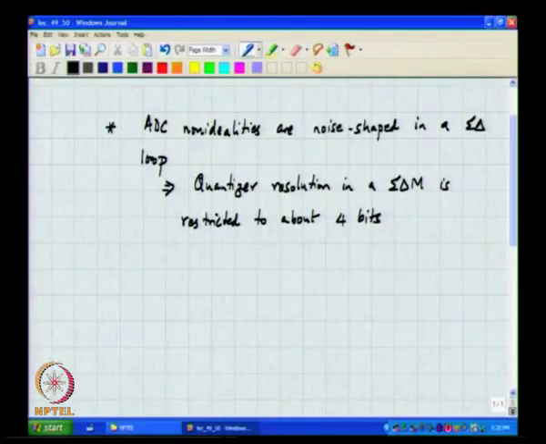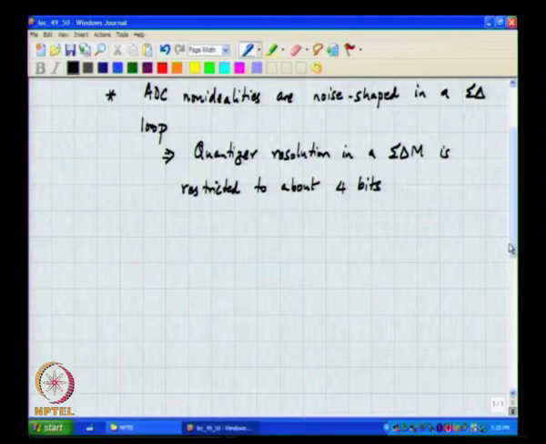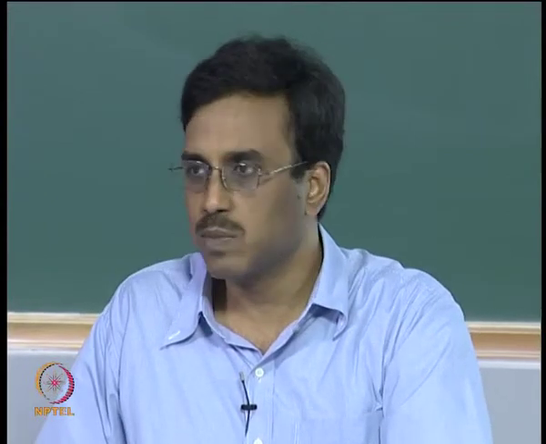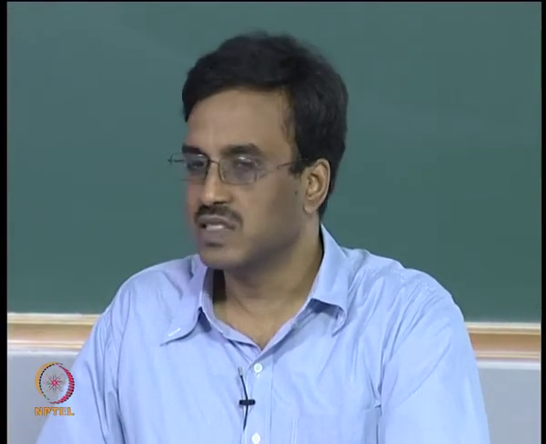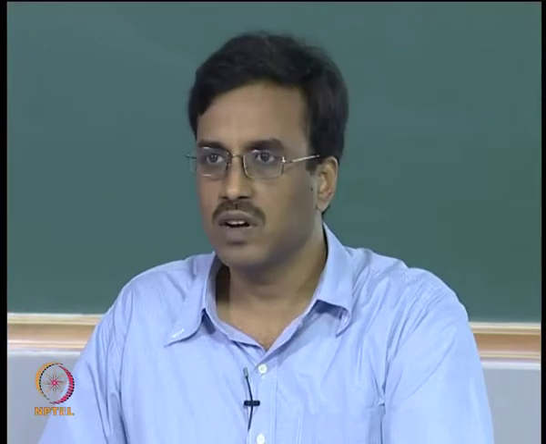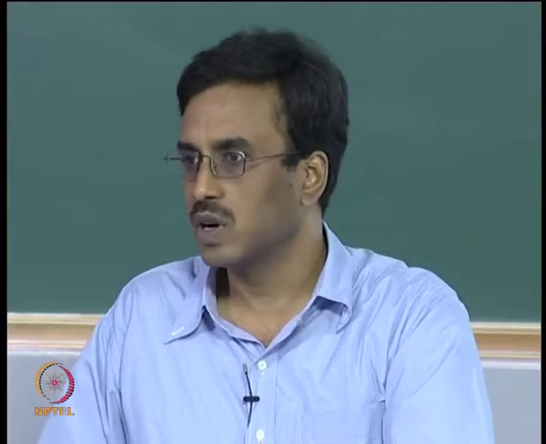Okay. So, this means that some things which would not be practical in a higher resolution flash ADC, a standalone flash ADC typically would be a 6 to 8 bit converter. A 6 bit resolution is somehow very popular for a whole bunch of flash converters.